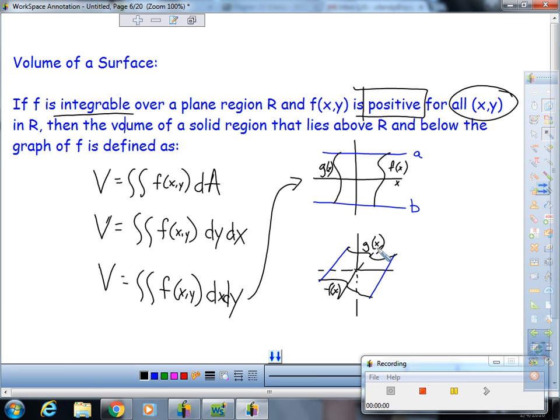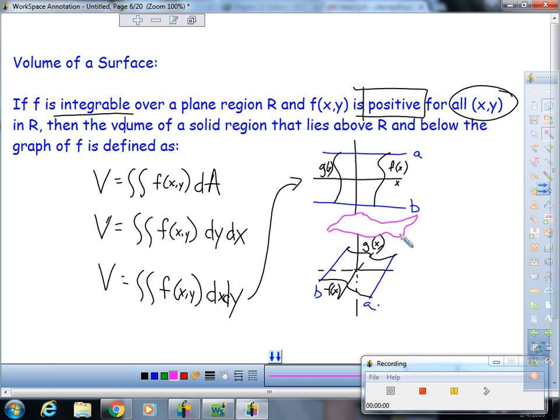And there A is positive, so this would be A and B. And then what you've got to envision, what we haven't graphed yet, is that over this region there is some roof.